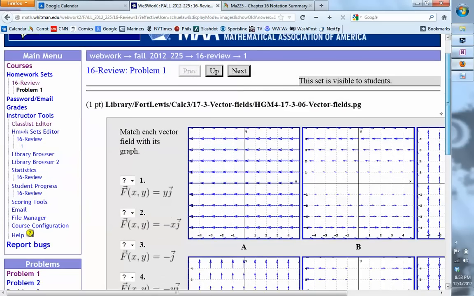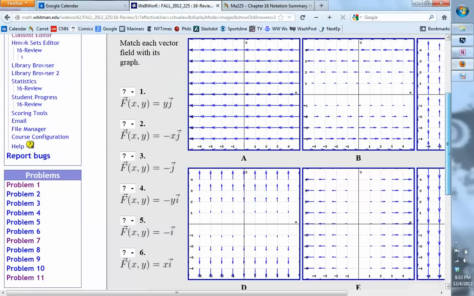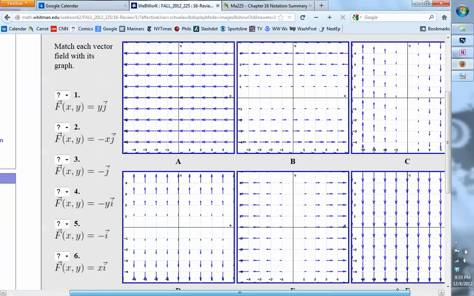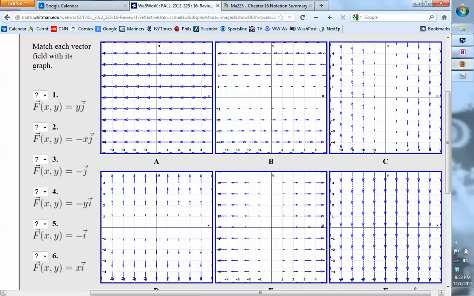So what are we supposed to do? Match each vector field with its graph. Yeah, this is a good one. I like this one. Okay, so the first guy has only j components. So these vectors always point in the j direction.